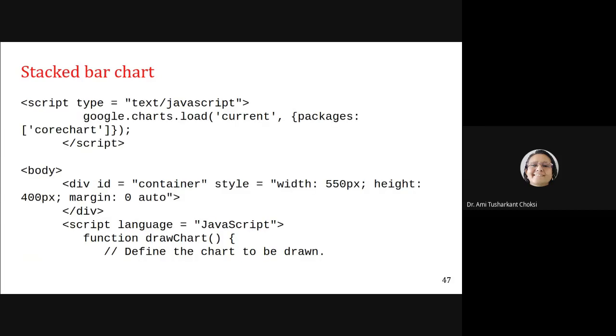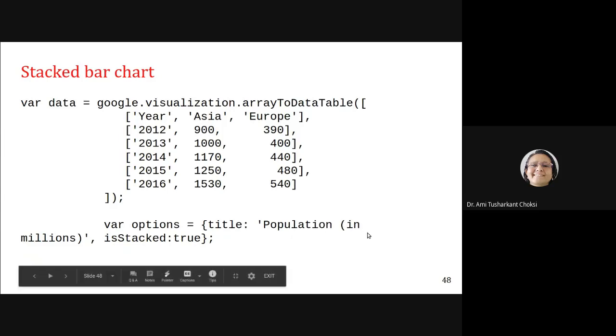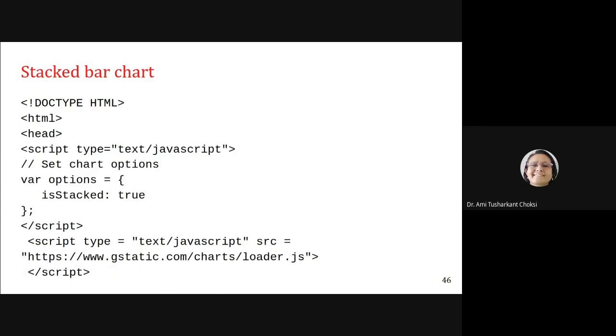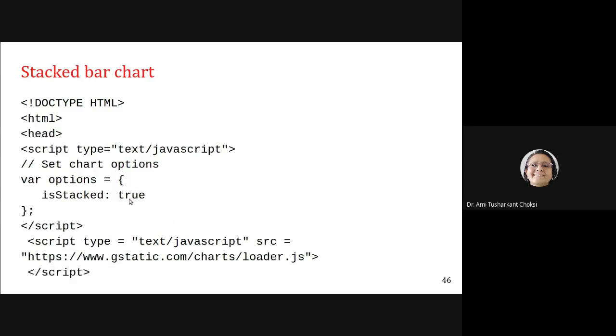So you can specify it here: title is population in millions, and the second property which we are setting is isStacked is true. This is what is required. If you want to specify the title, you can specify inside this only. It is not that two times we are writing variable options.